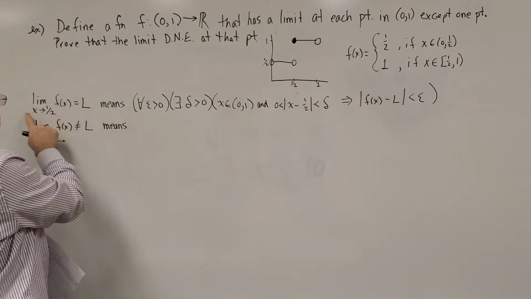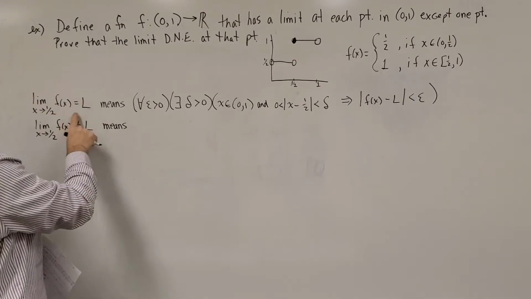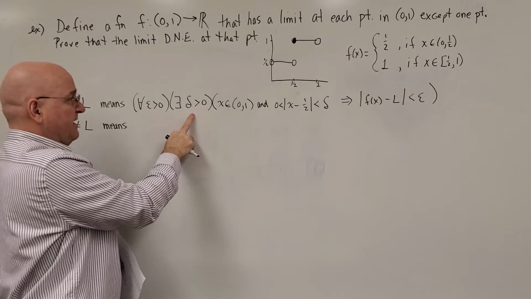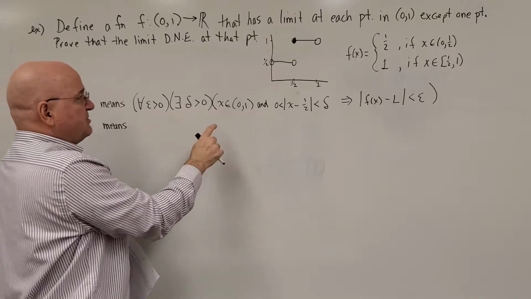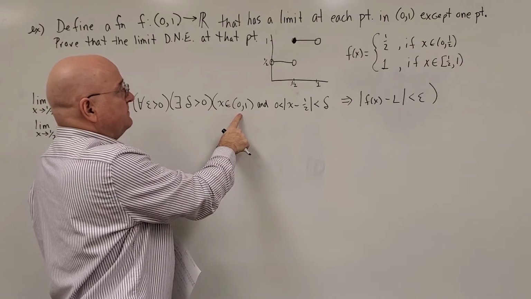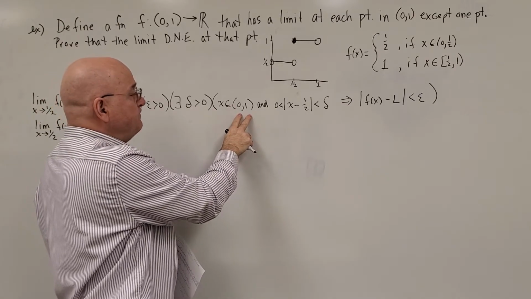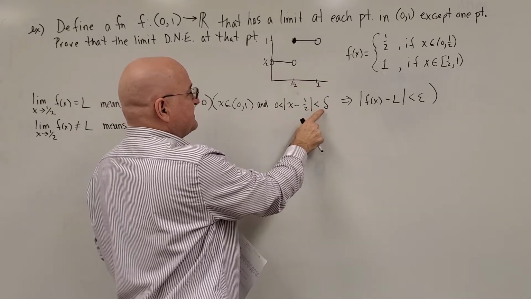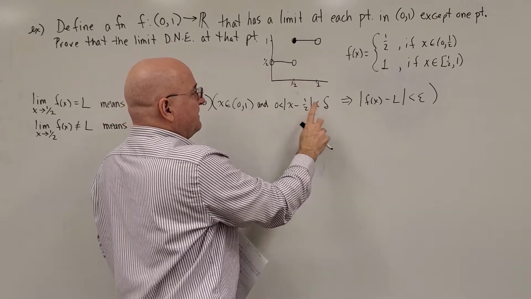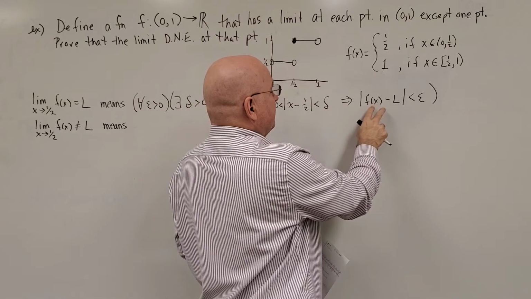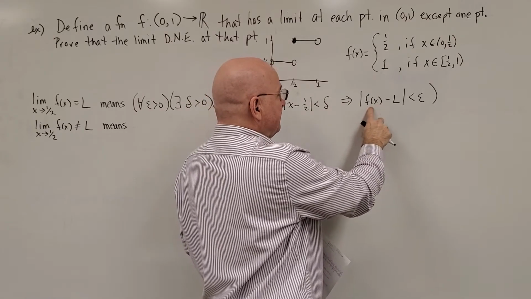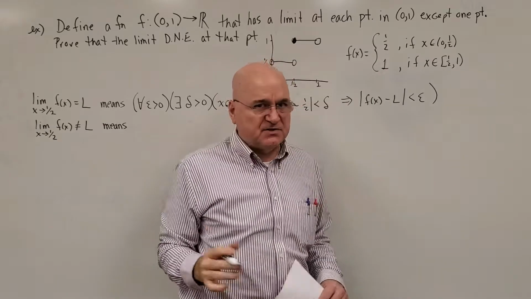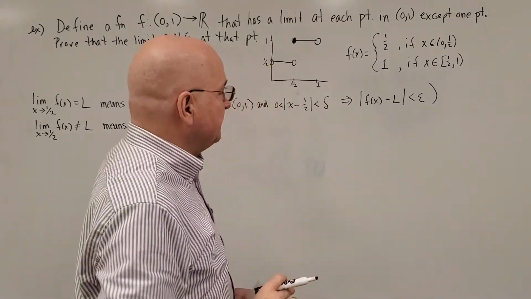This limit equation means that for every epsilon, there exists a delta, such that as long as x is in the domain, 0 to 1, and the distance from x to 1/2 is less than delta, then the distance between f of x and the limit L is less than epsilon. That's just the epsilon-delta definition.